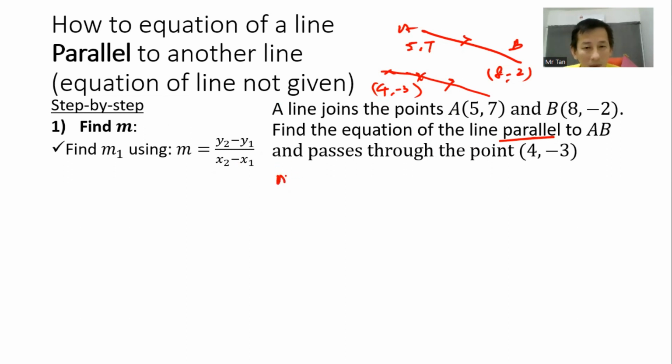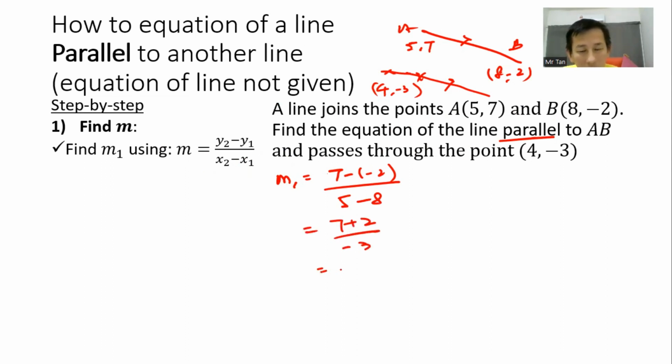To find the m, we use this equation. Your m1 should equal 7 minus negative 2 over 5 minus 8. That should give you 7 plus 2 over minus 3, which equals 9 over negative 3. You should get negative 3. Therefore m2 is equal to negative 3, and the point is (4, negative 3).